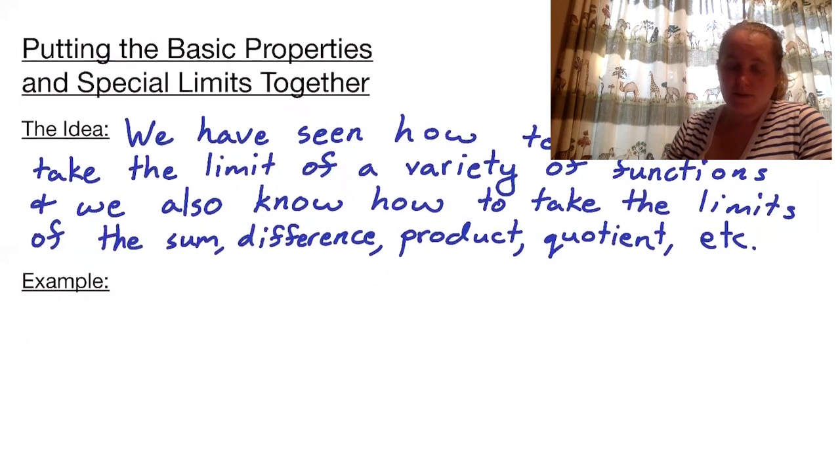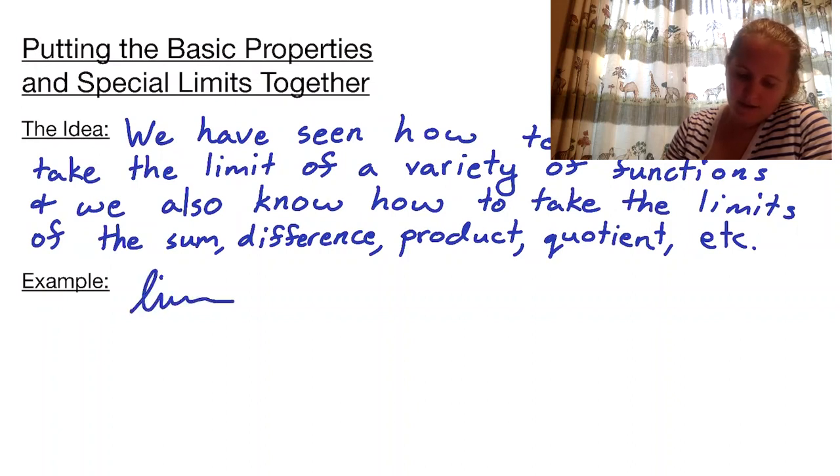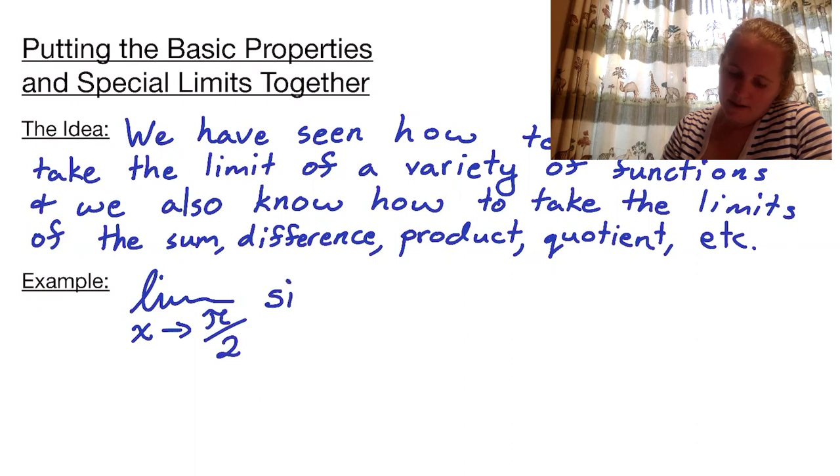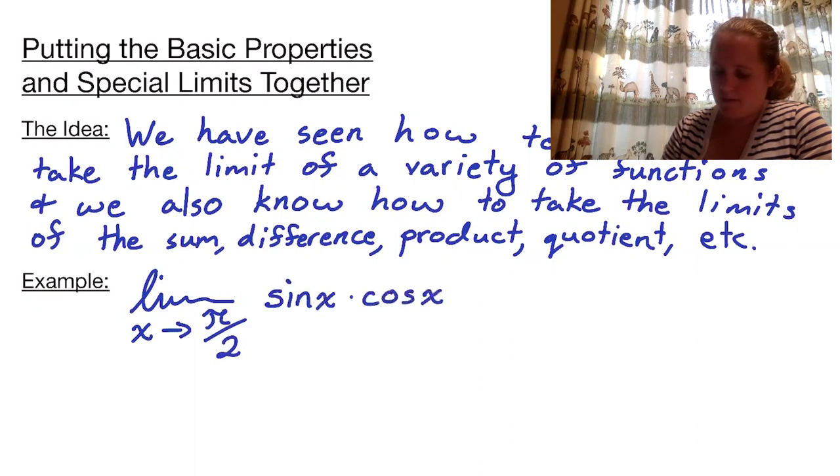So for an example, let's say that we wish to find the limit as x goes to pi over 2 of sine x times cosine x.